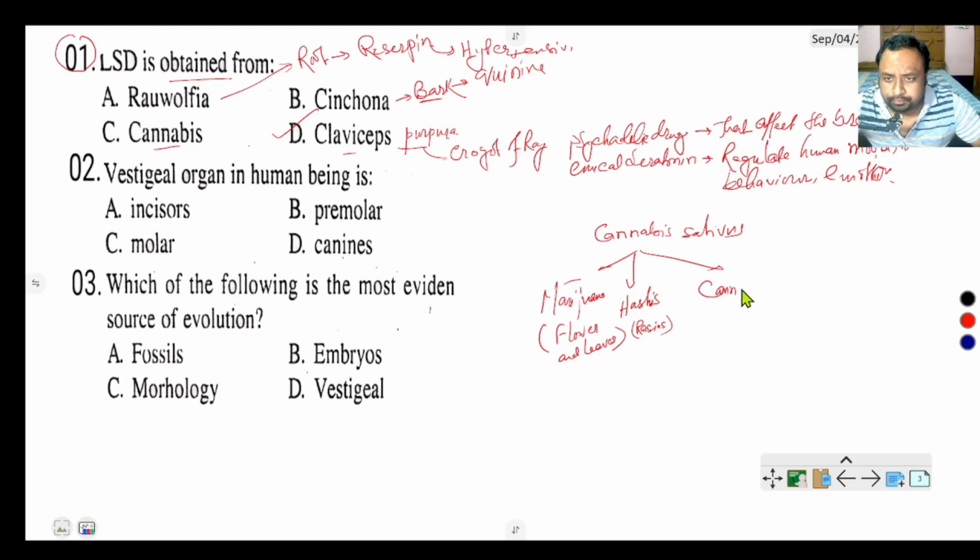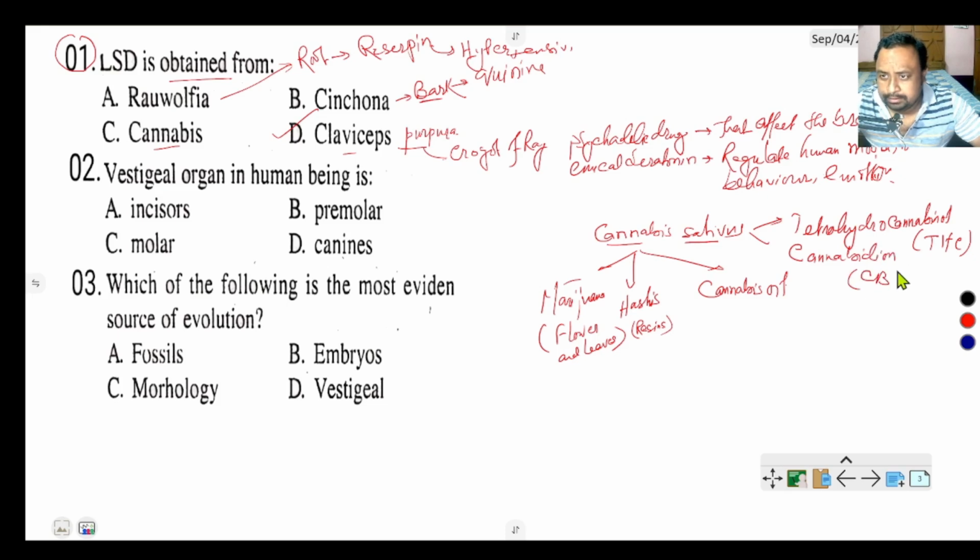Cannabis oil is also produced from Cannabis sativus. Cannabis sativus contains two types of chemicals, tetrahydrocannabinol, THC, and cannabidiol, CBD. This drug is used as a hallucinogen.